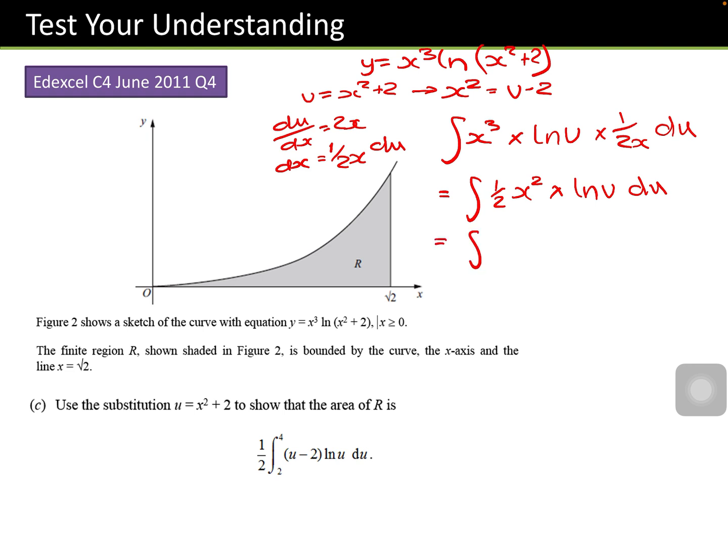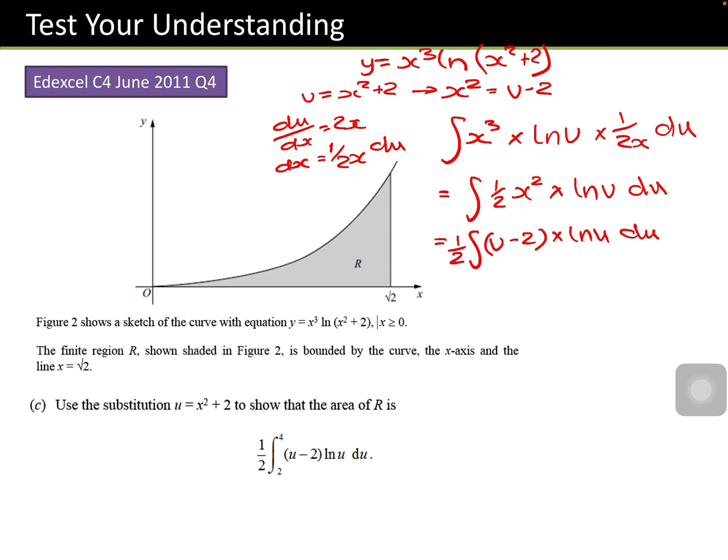So this ends up being, I'm going to take the half out as well, so it's going to end up being u minus 2 times by log natural u du. Okay, right, once we've got to that point, it's looking very, very similar to what we've got here.